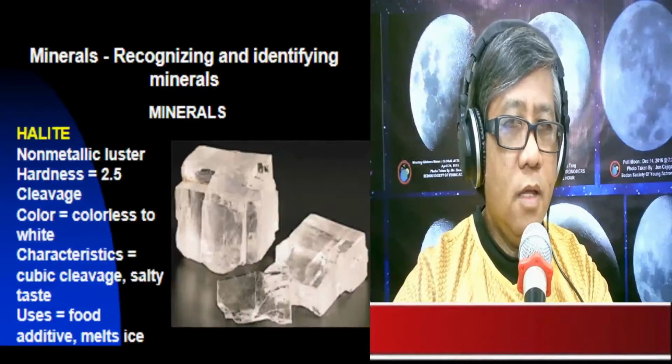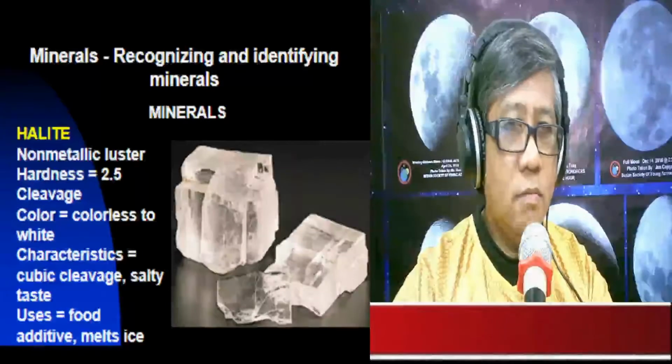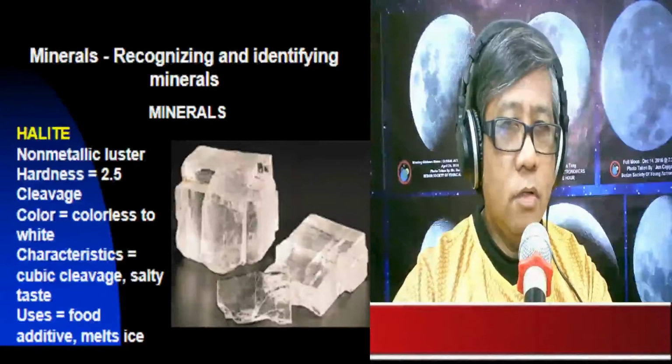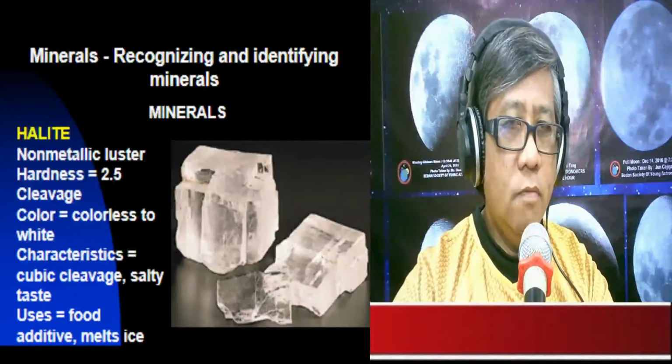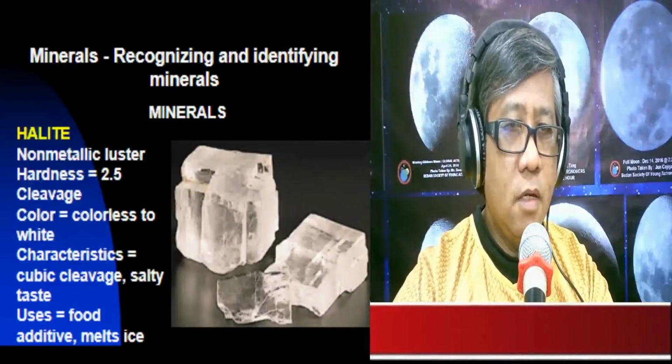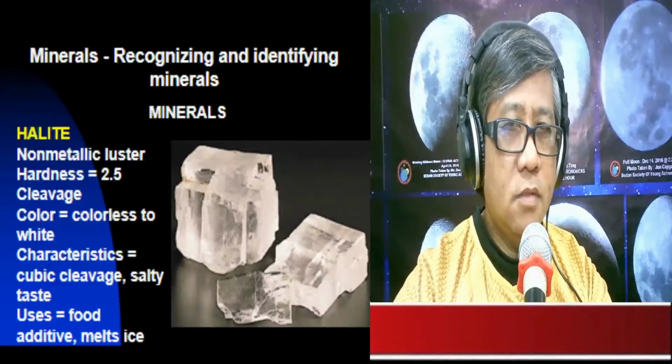Okay, then we have halite. Halite has a non-metallic luster. Hardness is 2.5, exhibits cleavage, color colorless to white, has cubic cleavage, salty taste, and halite is used as a food additive and it melts ice.